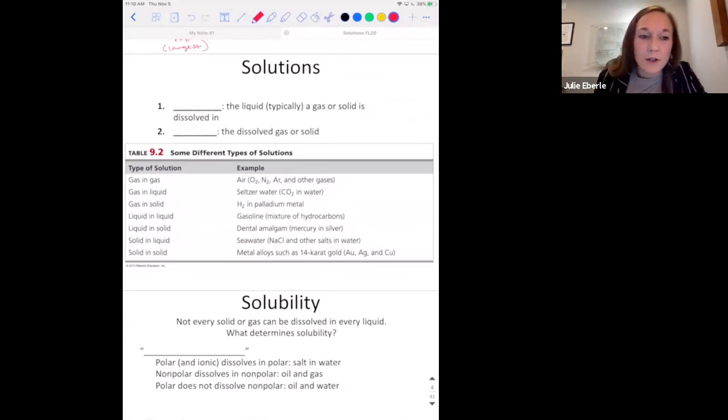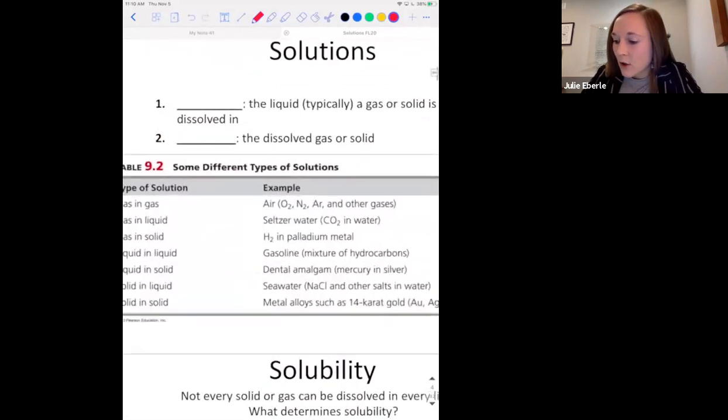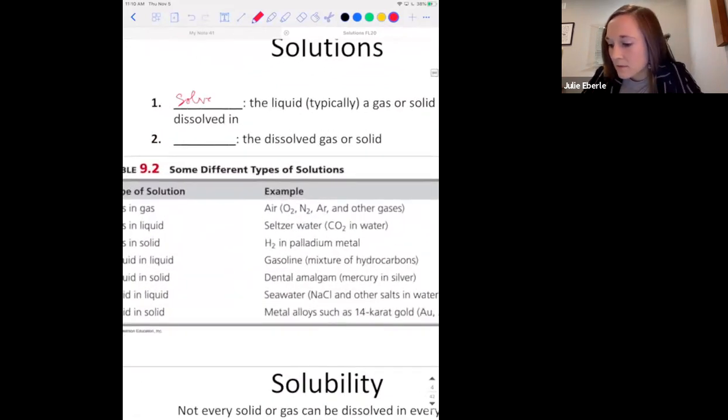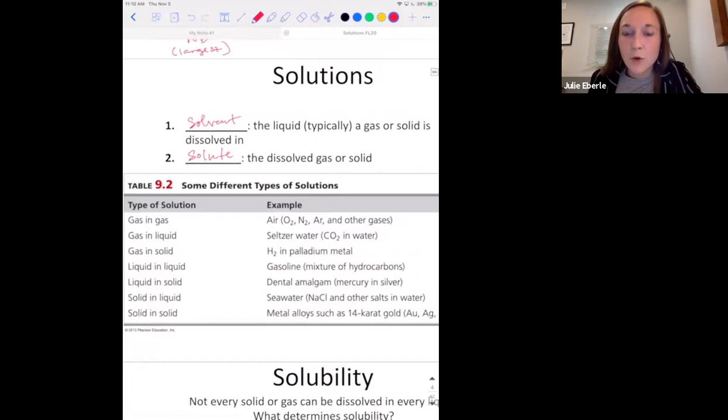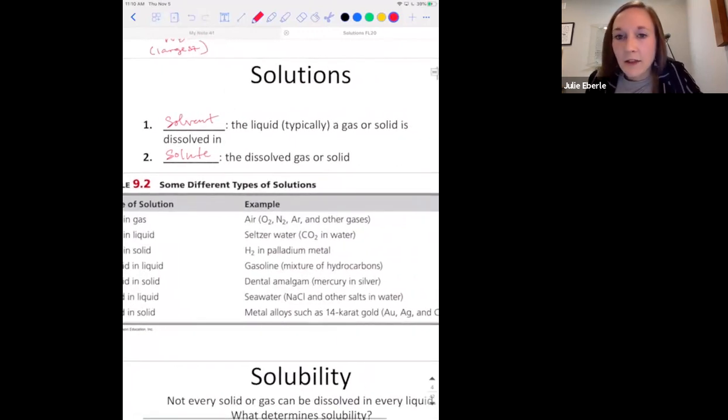When we come to solutions, though, overall, there are two portions of the solution, no matter what we're talking about. You have the solvent and you have the solute. Okay, now what are these parts? The solvent is the portion that's present in greater amount. I don't want to say it's always the liquid, but when we think of solutions, typically they're liquid.